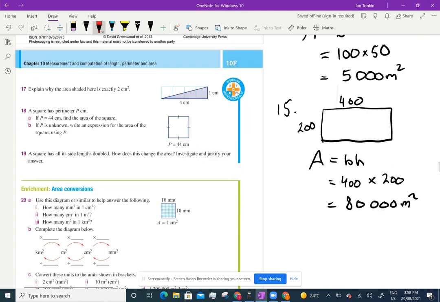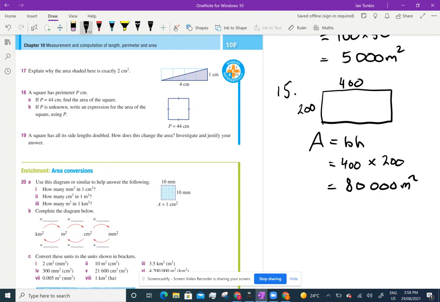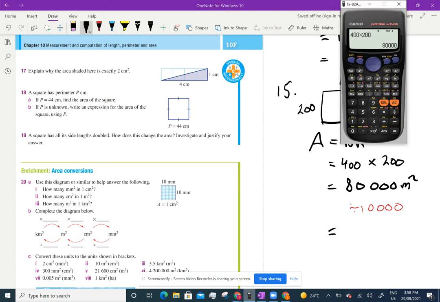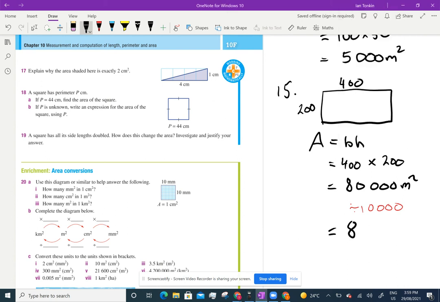Well, it's lucky I did question 8 because I know to find it in hectares, I just have to divide by 10,000. And again, I'll use my calculator for this. I've already got my answer there, so if I just go divided by 10,000, I get 8 hectares. Then you've only got to do 17 and 19 if you get time.